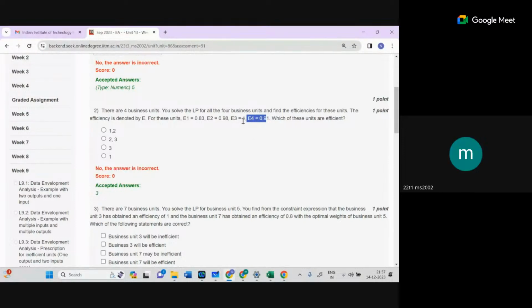Either they have to reduce their input or increase their output. But this third business unit already has an efficiency of 1, because it is doing good work with respect to its inputs and outputs. It is managing its resources well. It has already maximized its efficiency. When the efficiency is 1, it means it is efficient.